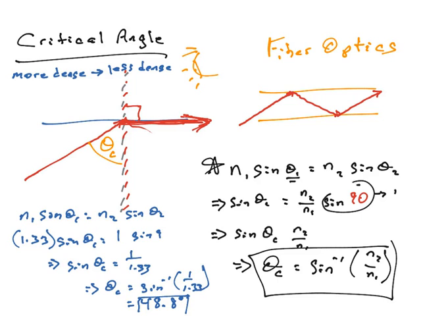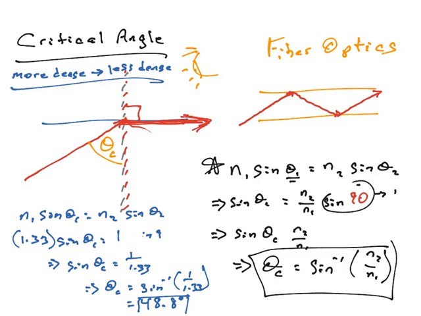But if I'm in the water, which is more dense than air, and I go into the air, I can have critical angle. Or glass. If I'm coming from water and I try to go to glass, glass is more dense than water. I can't have critical angle. But if I'm starting in the glass and I'm trying to get into the water, I can have critical angle.